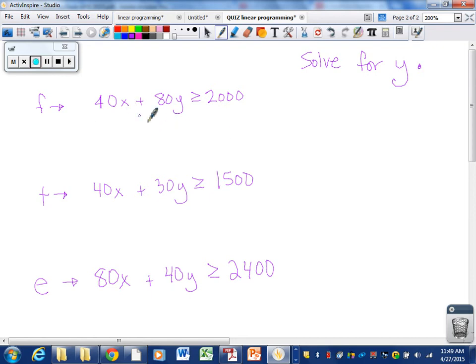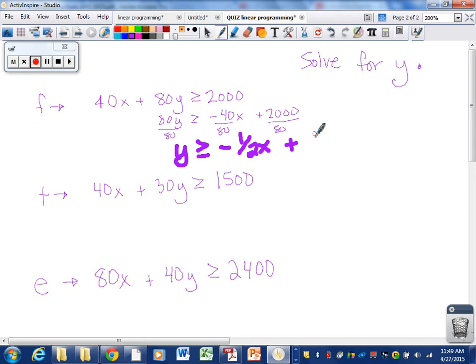So we'll subtract the 40x. 80y is bigger than negative 40x plus 2000, and dividing everything by 80 and reducing, you get the equation y is bigger than or equal to negative 1/2 x plus 25.